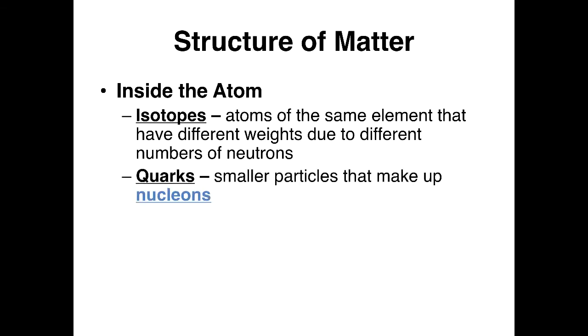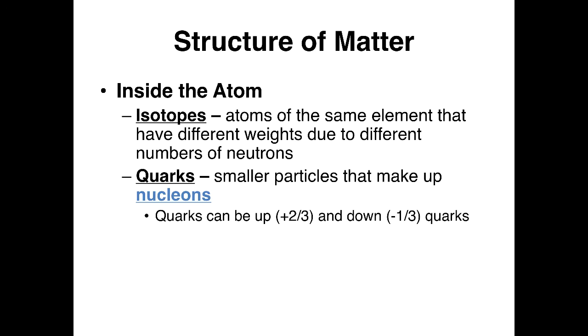Quarks are smaller particles that make up what is known as nucleons, and nucleons is a term that means either a proton or a neutron. So it's anything that resides in the nucleus is called a nucleon. And the protons and neutrons are made up of smaller particles called quarks.